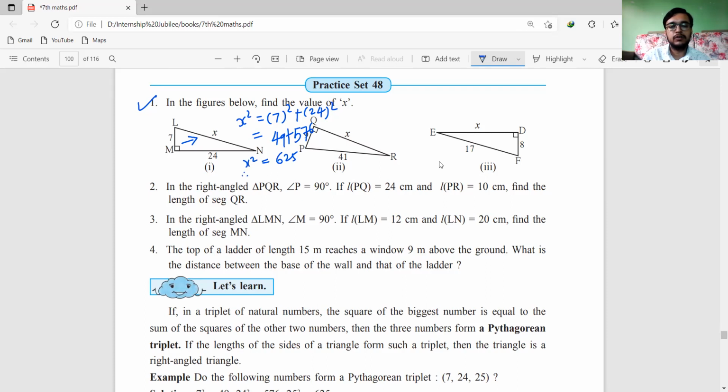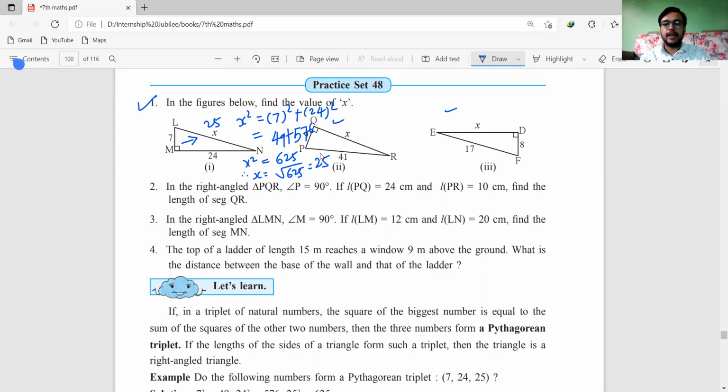Taking the square root on both sides, x is equal to the square root of 625, which is 25. Hence, the value of x is 25. Now try question 2 and question 3.